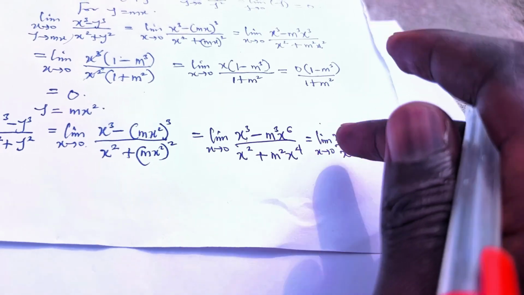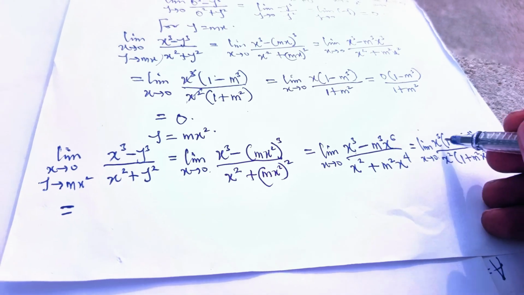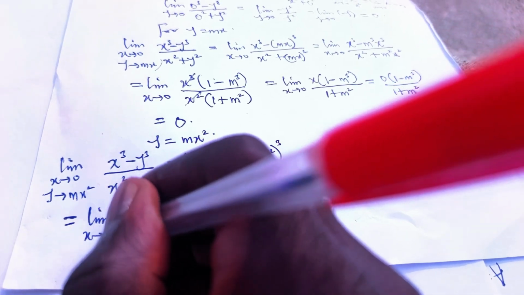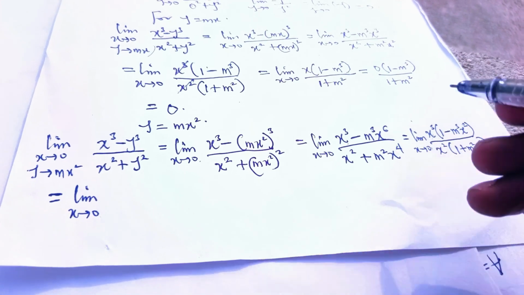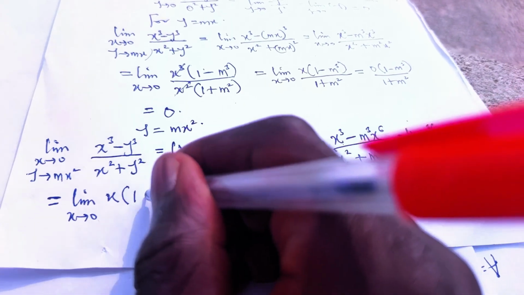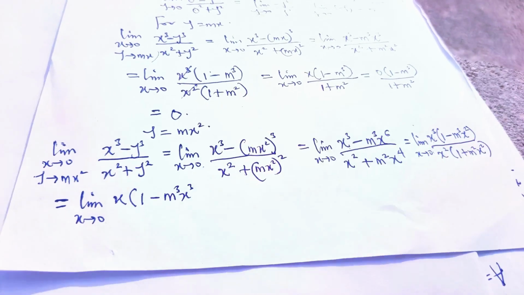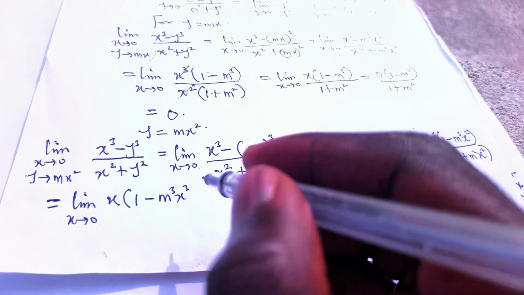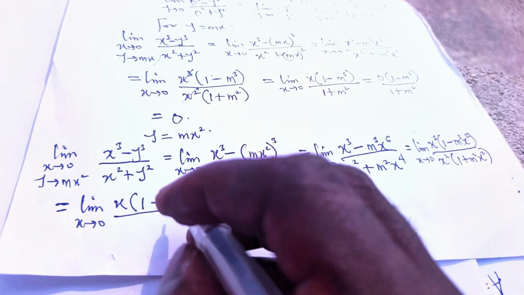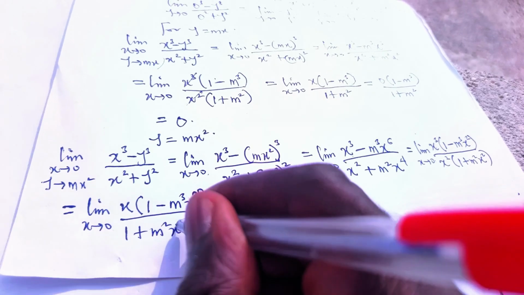Now x is 0. Let's check. Before putting it in, here you still have the limit as x tends to 0. If you cancel out, then you are left with x into (1 minus m cubed x cubed), all over (1 plus m squared x squared).